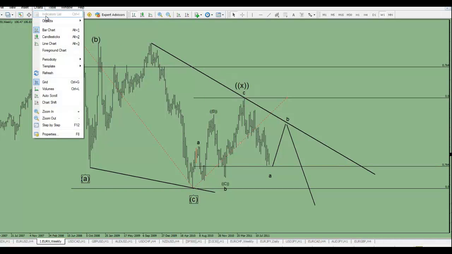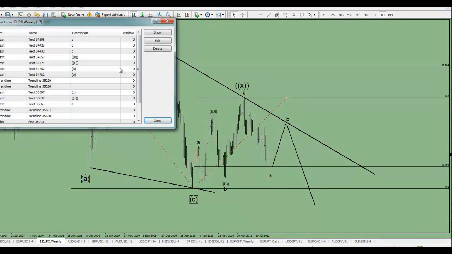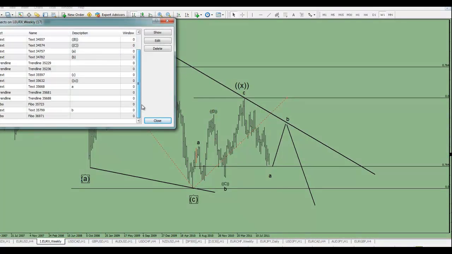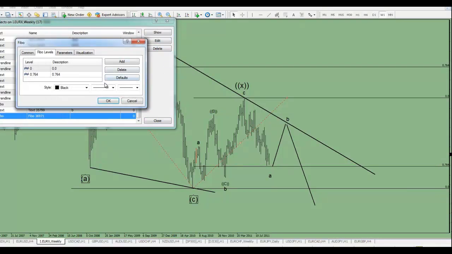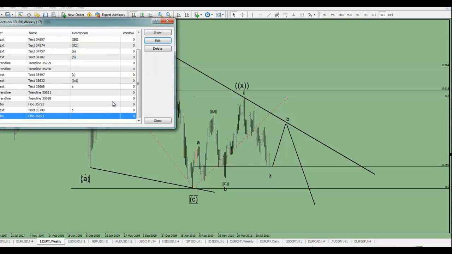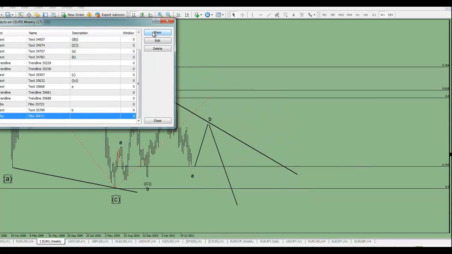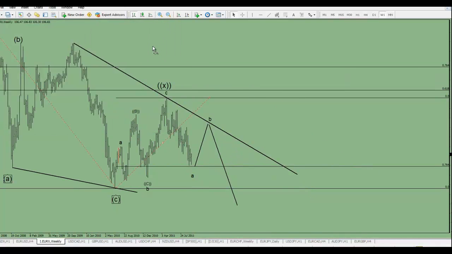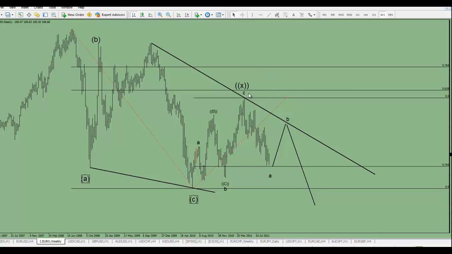Let me put it in because I took it out in the other chart. I got it added. Okay, almost got to the 618, but it was between the 50 and the 60.